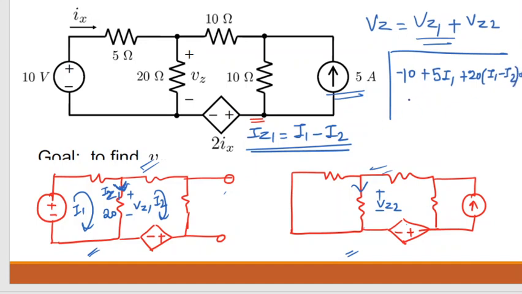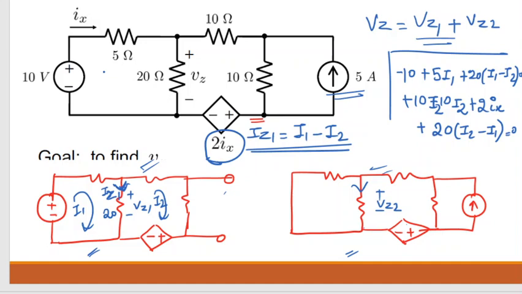For the second mesh, plus 10 I2 plus 2Ix, you are taking first sign, and plus 20(I2 minus I1), right?